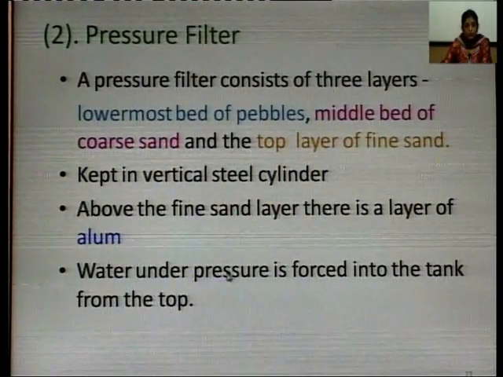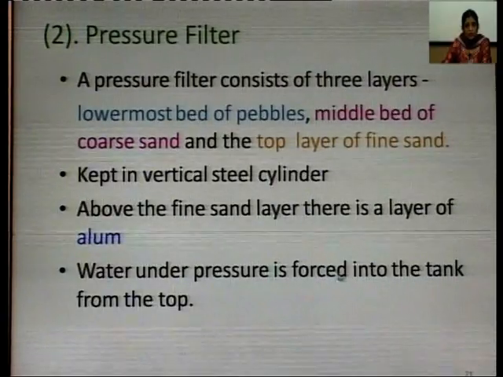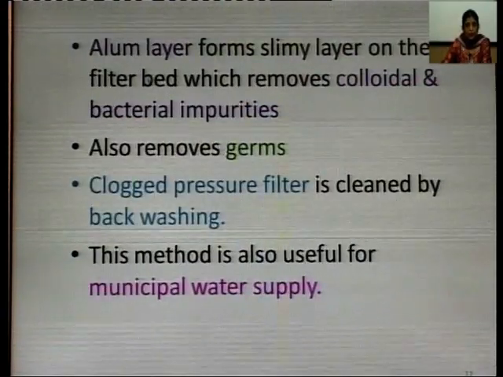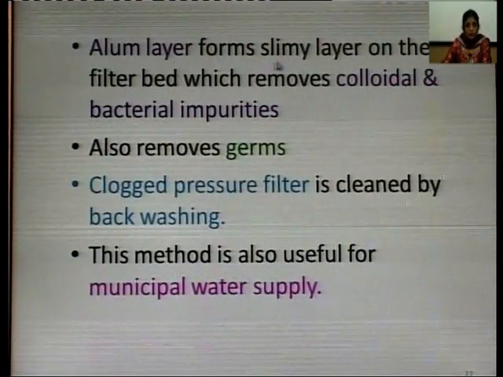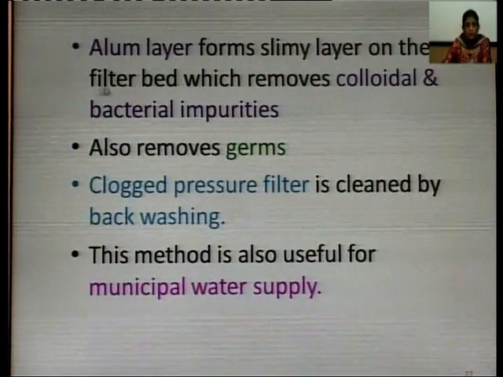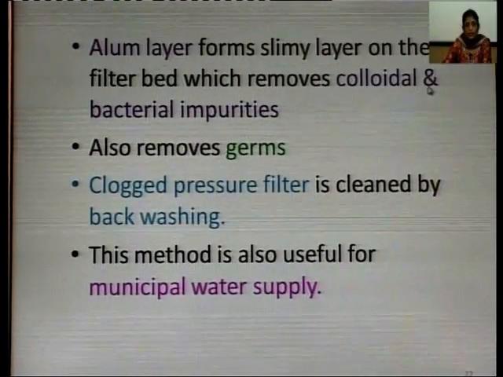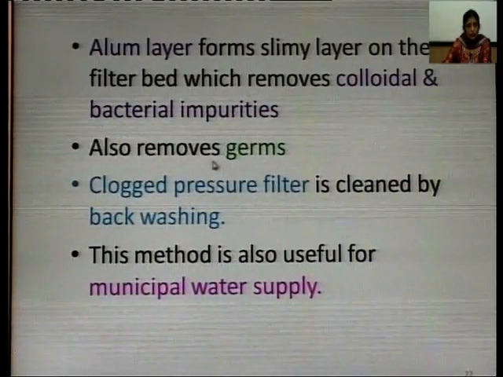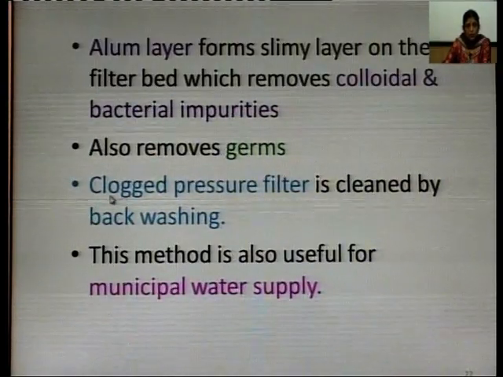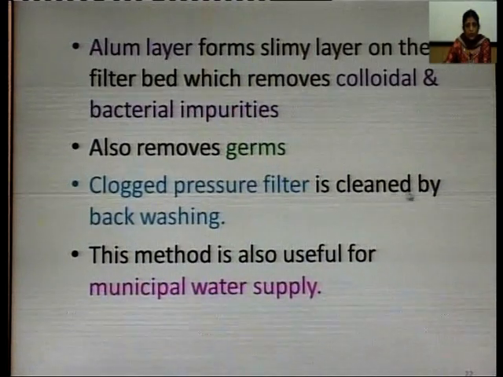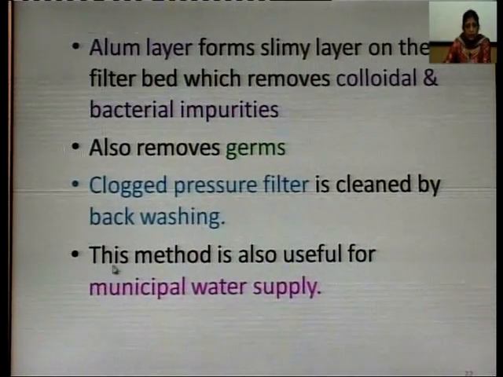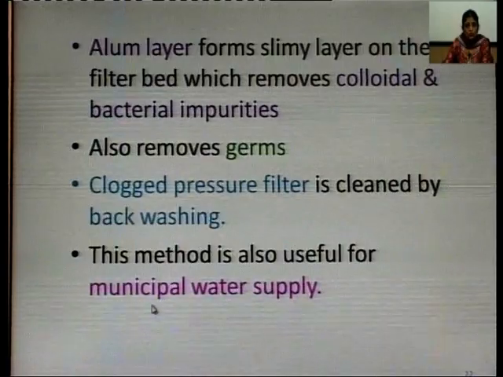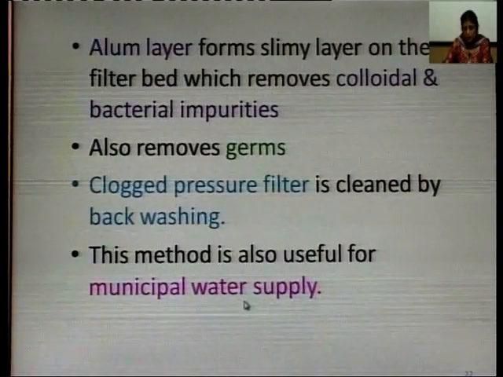Water which is to be filtered is passed into the tank from the top. The alum layer forms a slimy layer on the filter bed which removes colloidal and bacterial impurities. It also removes germs. A clogged pressure filter is cleaned by backwashing. This method is also useful for municipal water supply.